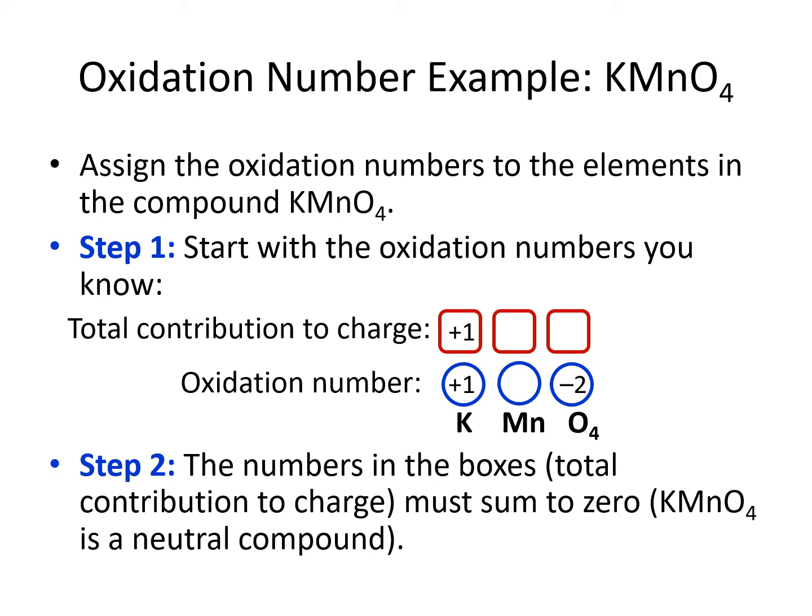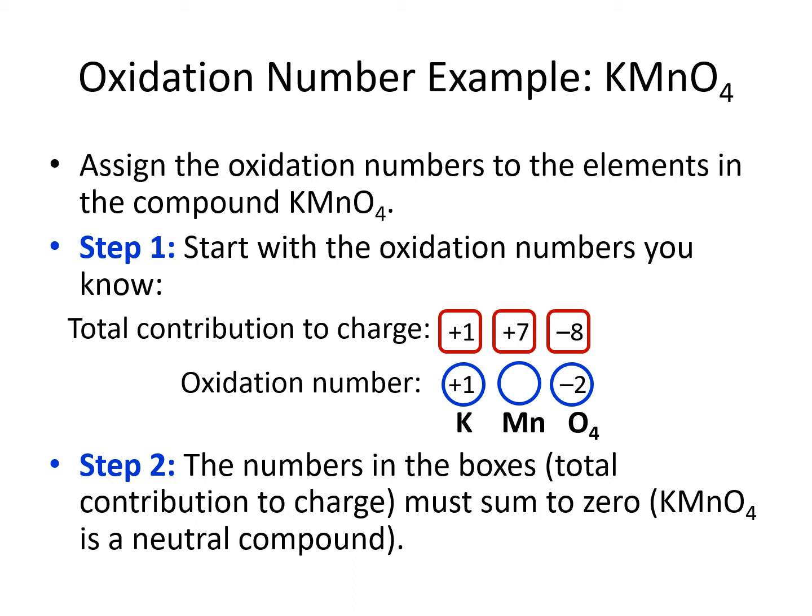We go ahead and give it its typical -2 oxidation number, since we still have one more element to assign oxidation numbers to that can help us add up to a total of 0 overall charge. There are 4 oxygens. 4 oxygens times the -2 oxidation number gives us a total of -8 contribution to charge from the oxygens. Our total contribution to charge has to add up to the charge on the molecule or polyatomic ion. In this case, it has to equal 0.